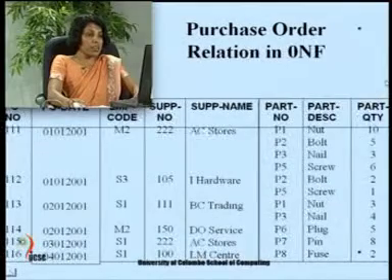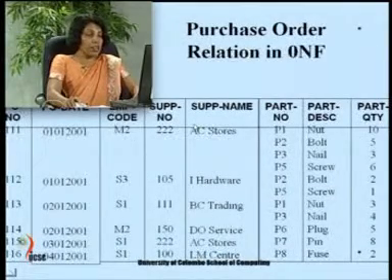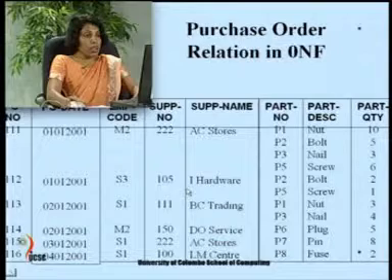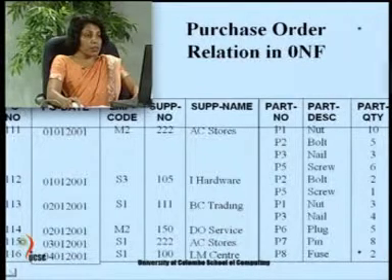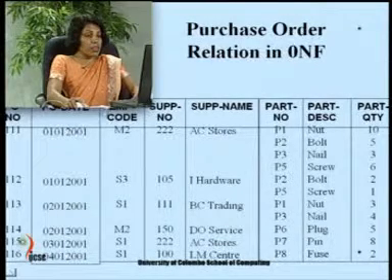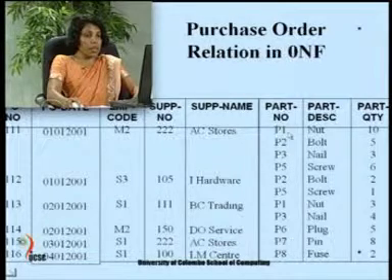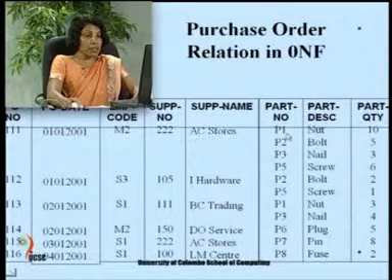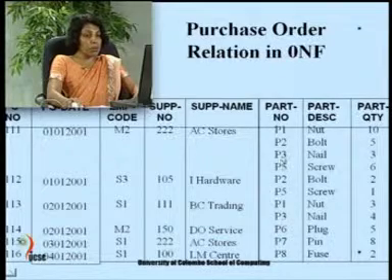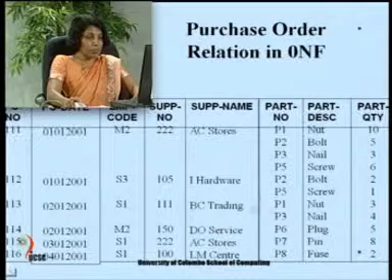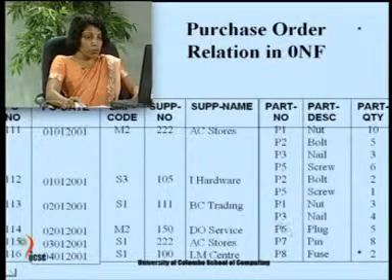So, these are the attributes, and as you can see, these are the records relevant to a particular purchase order. For example, for purchase order number 111, there is a purchase order date and the code of the employee, supplier number, supplier name, and there are a number of parts for a particular purchase order, and it is the same situation with respect to other purchase orders.